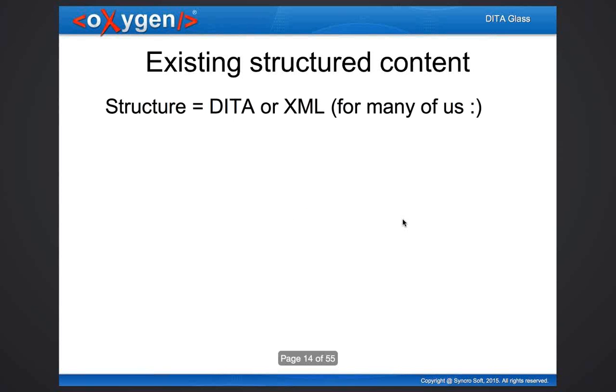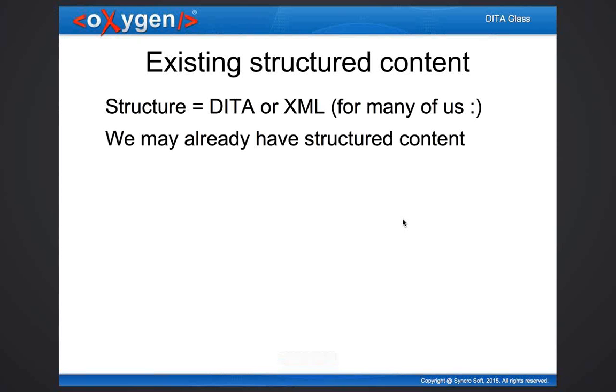And we have structured content in different forms. For many of us, structured content probably means DITA or XML. But if we look within an organization, we may find structured content in other forms too.